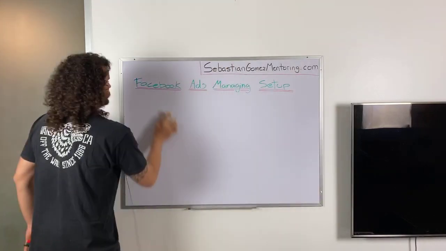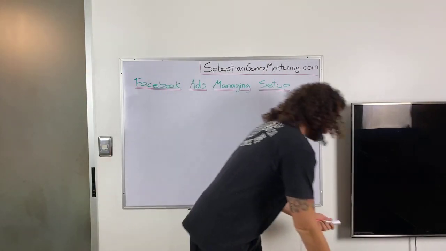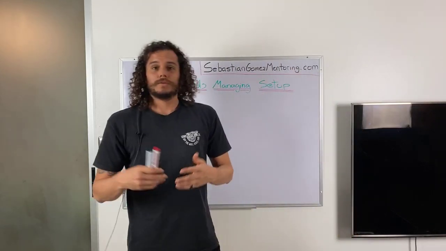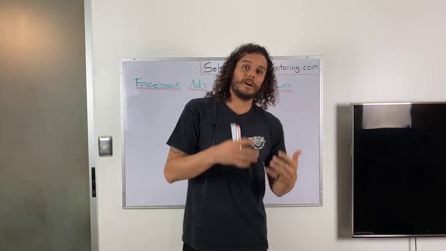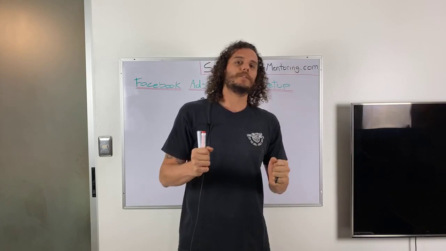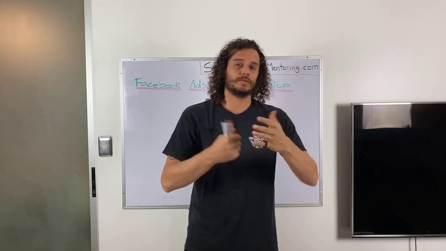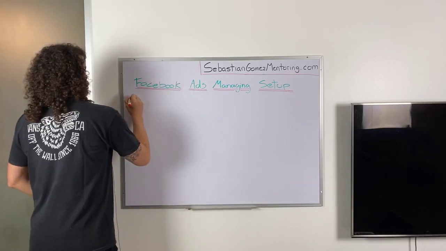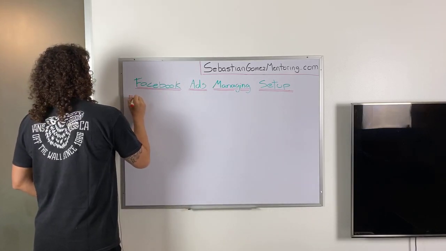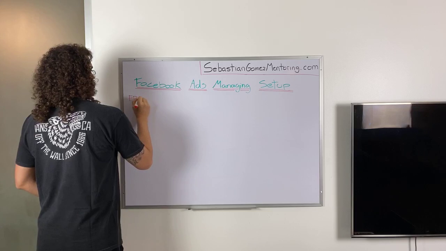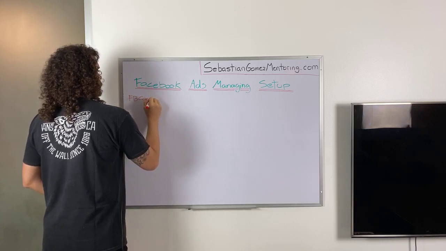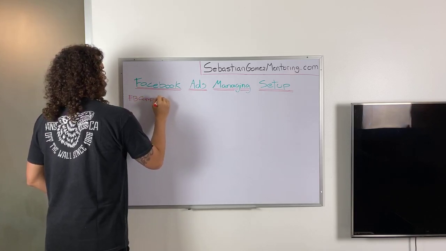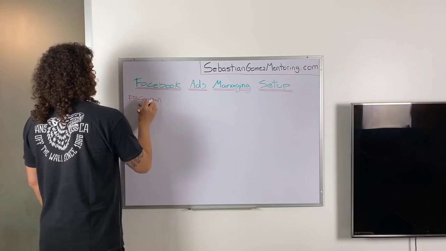Okay? So when to pause, when to stop, when to increase budgets, and when to relaunch. Okay, so let's set up our first campaign, okay? So let's say that this is our Facebook ads campaign. Okay, we have one ad.